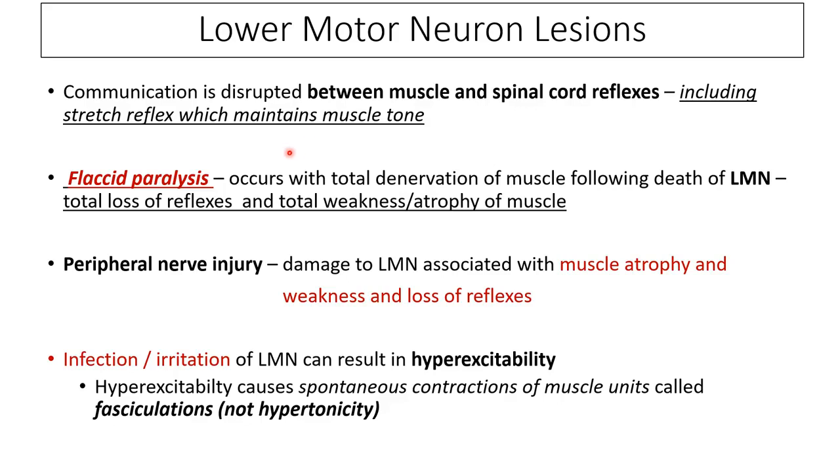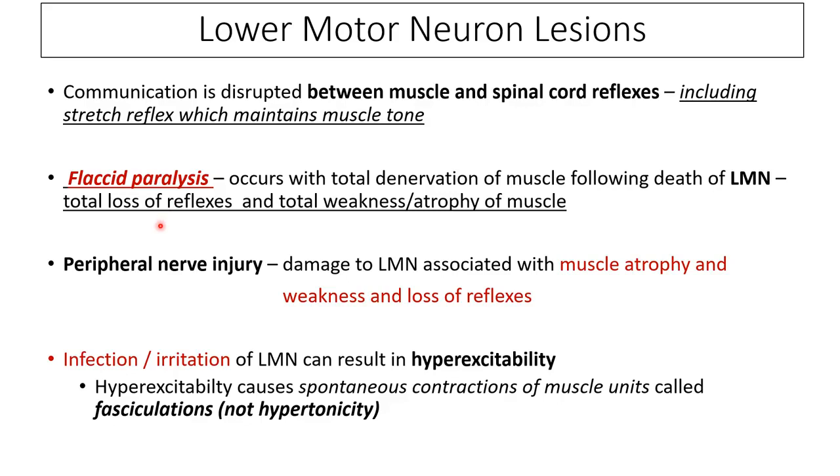In the most extreme example, if you have total denervation of the muscle, so if the nerve has been cut, for example, to the muscle, then you would have a flaccid paralysis. You would be unable to move the muscle and the tone would be very flaccid, the muscle tone.